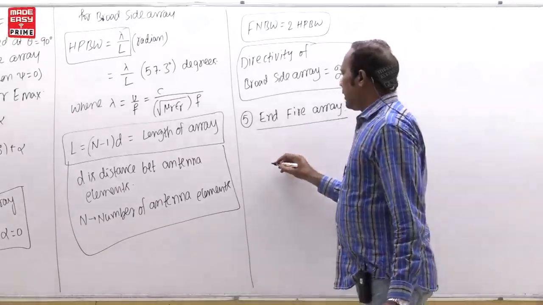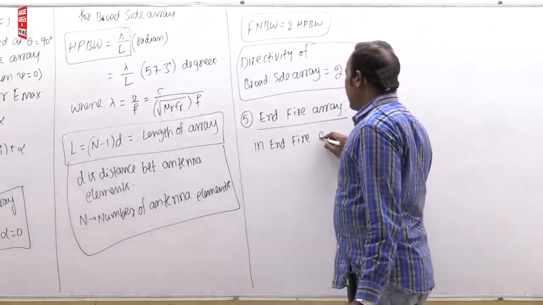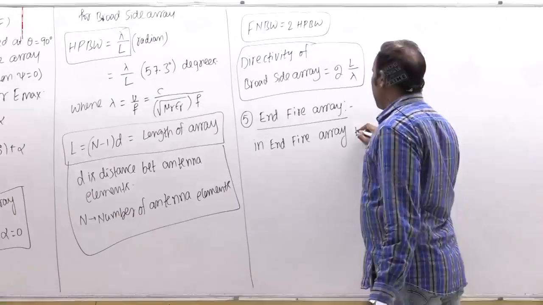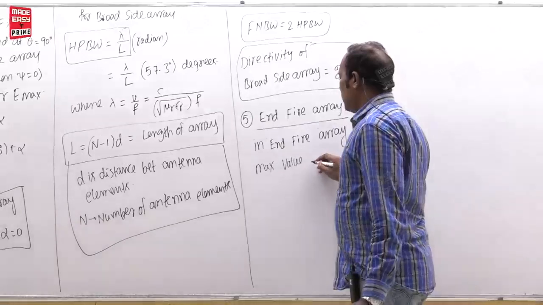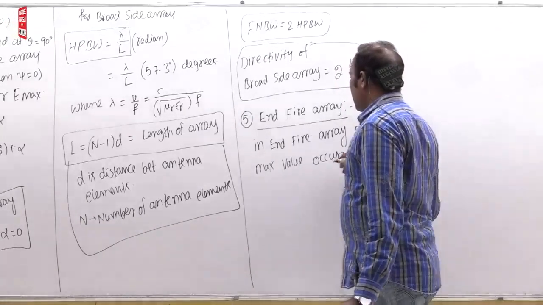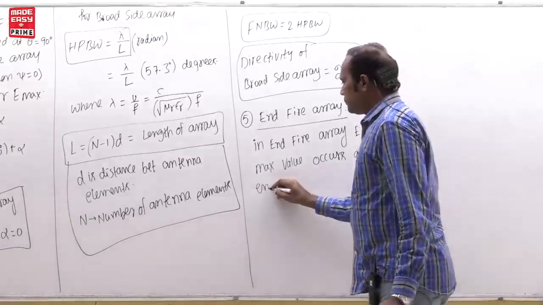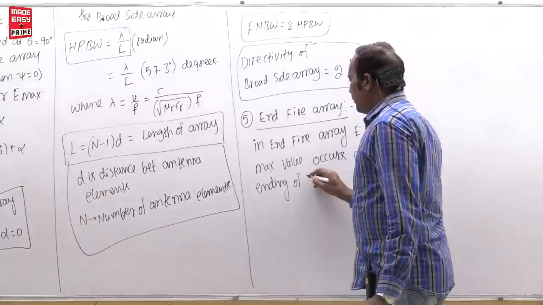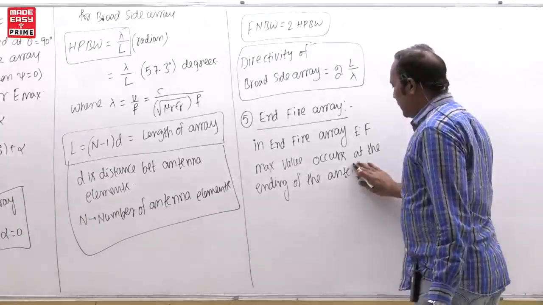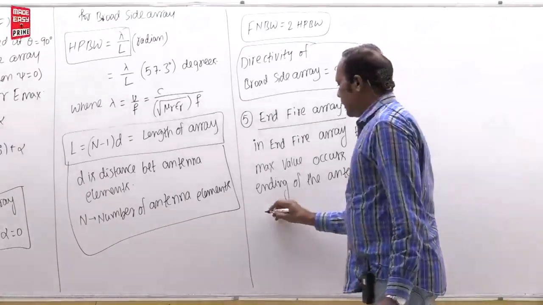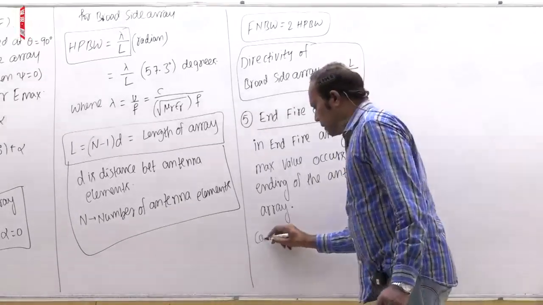So here actually in end fire array, electric field maximum value occurs at the ending of the antenna array.